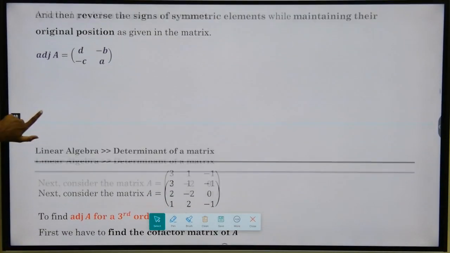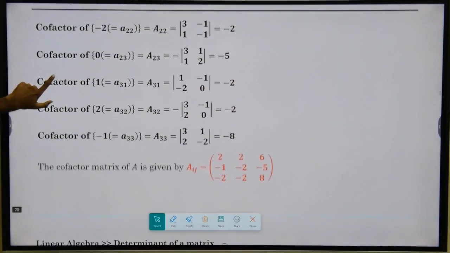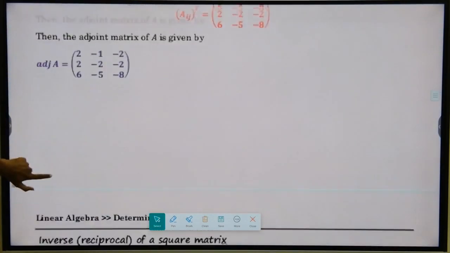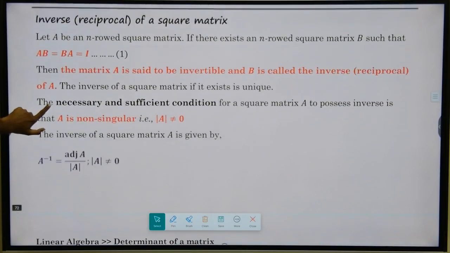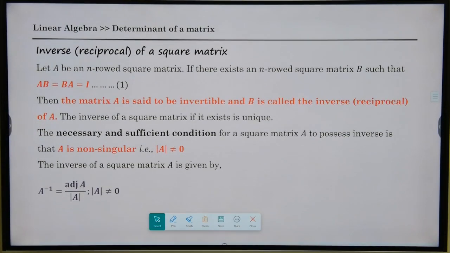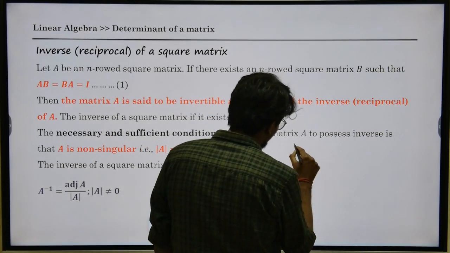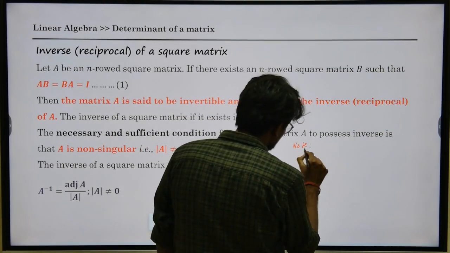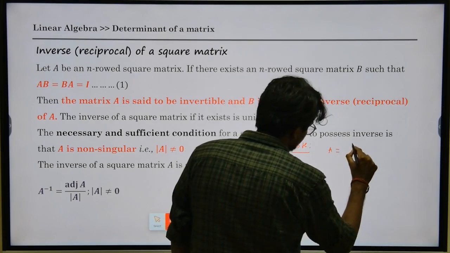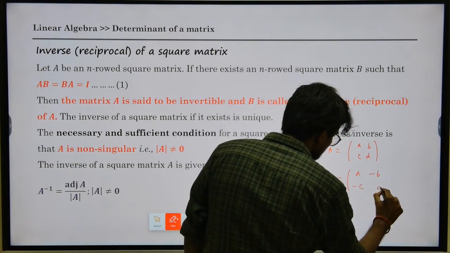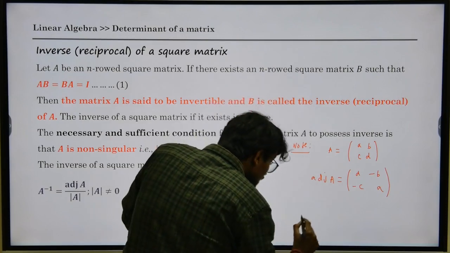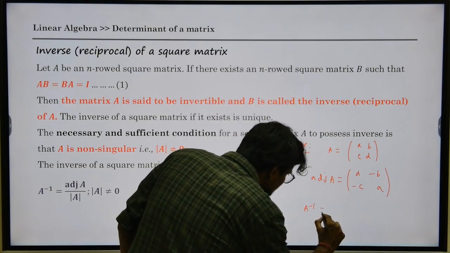Now copy this. See, examples and all I will solve, you don't have to worry. I will write it down here itself. What will be A inverse for this?